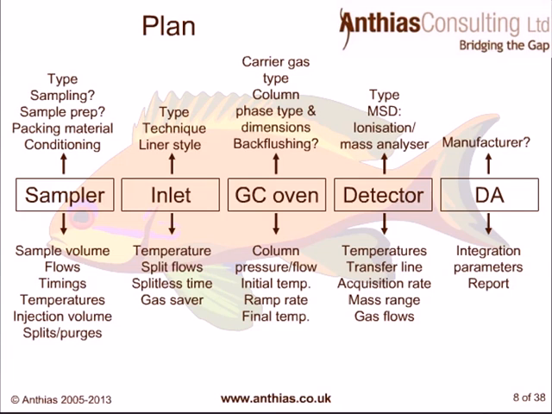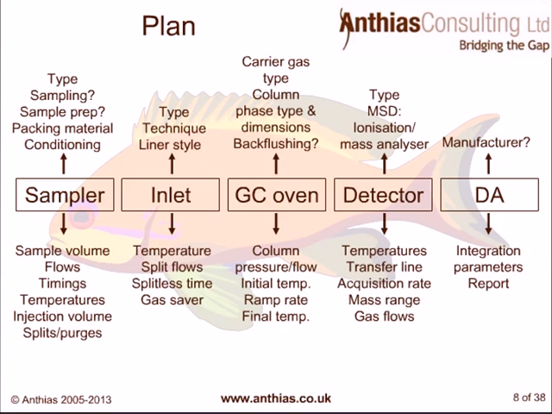So ideally, we want to select the temperature to make sure that our least volatile compound is properly vaporized and transferred onto the column, but we're going to minimize the vaporization of any sample matrix. We're keeping the involatile material back in the inlet liner. And again, depending on the technique, split flows, split vent time, if we need to use a gas saver, all of these are things about our inlet.